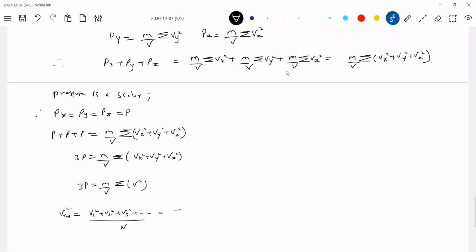So this is equal to summation of v square by n. Summation of v square means v1 square plus v2 square plus v3 square plus v4 square. So here we'll introduce a quantity called root mean square speed, which is equal to the square root of v1 square plus v2 square plus v3 square, and so on, by n. So summation of v square is N vrms square.